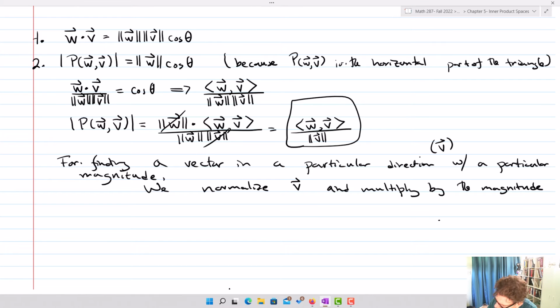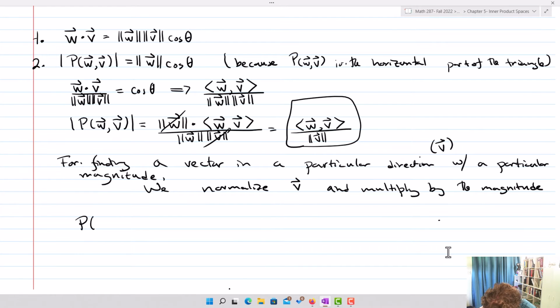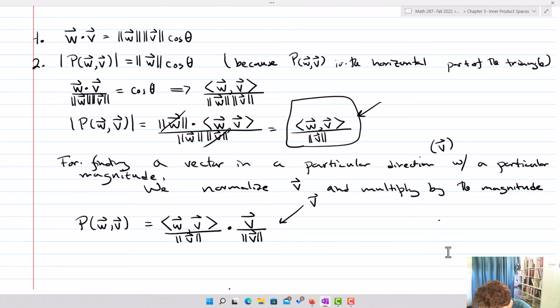So P of WV is going to equal its magnitude, the inner product of W and V over the magnitude of V, and then the direction as a unit vector, V divided by the magnitude of V. That's V normalized.